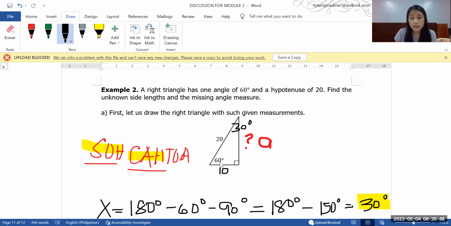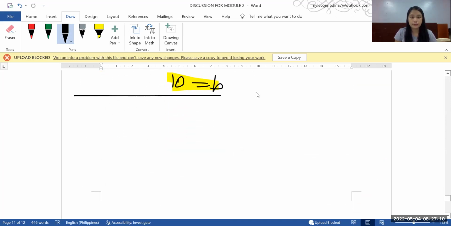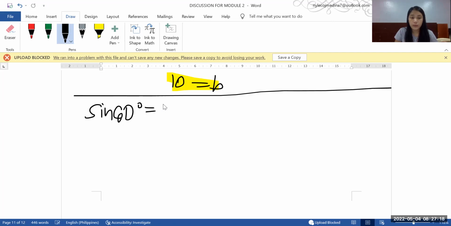Now for A, which is still missing. Using your 60 and the hypotenuse, A is the side opposite 60. So the function that involves opposite and hypotenuse is, of course, sine. Sine 60 is equal to opposite over hypotenuse.